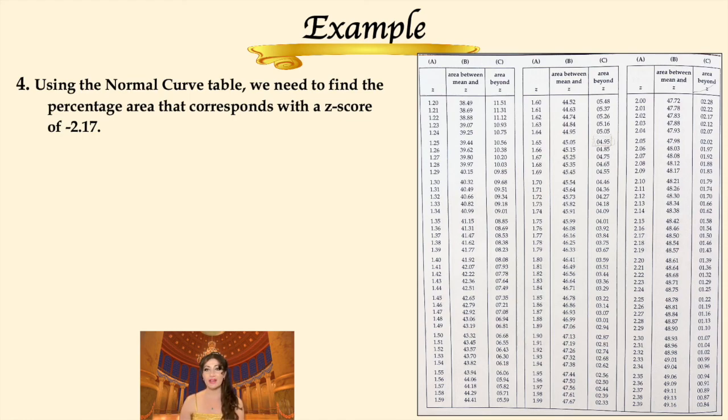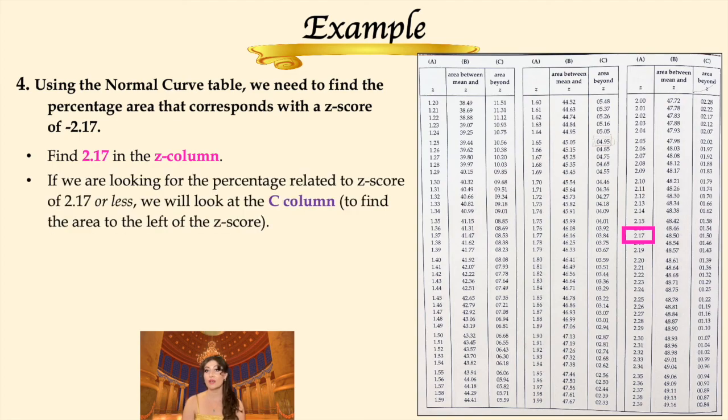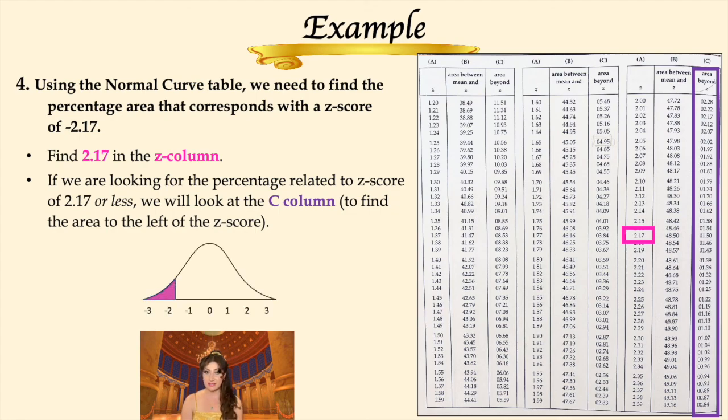So let's go ahead and find 2.17 in the z column on the chart. So if we are looking for the percentage related to the z-score of 2.17 or less, a height of 66 or less, that means that we're going to be looking in the C column to find the area to the left of the z-score. We are looking for the percentage that corresponds beyond z.